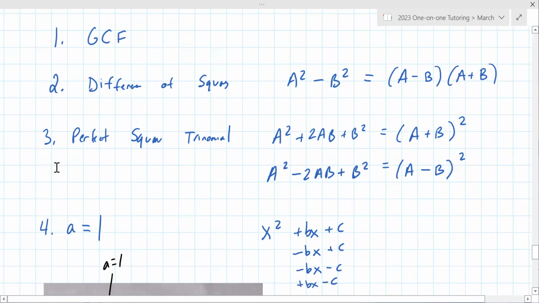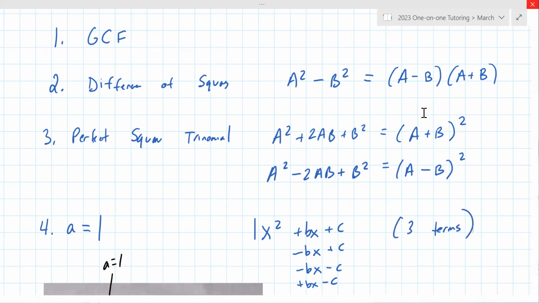But the point is for this a equals 1, there's a 1 in front. There's always a 1 there. That's what you're looking for. But if you're looking at your paper, 11 is not this form, even though it looks like it might be, because it's got 2 terms. GCF is, or a equals 1 requires you to have 3 terms. All right.